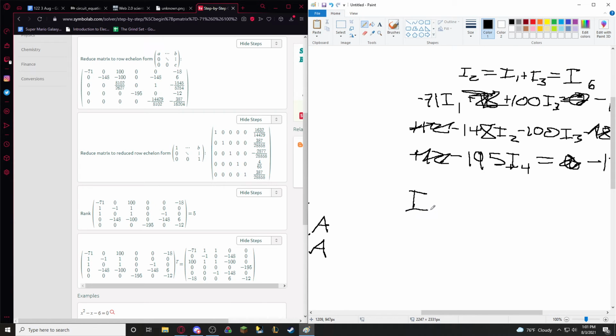So from this, we should get I1 is equal to... I'm going to pull out my phone's calculator because it's easier than switching tabs constantly. So it's going to be about 113 milliamps, or 0.113 amps. I2 is about 13.4 milliamps.